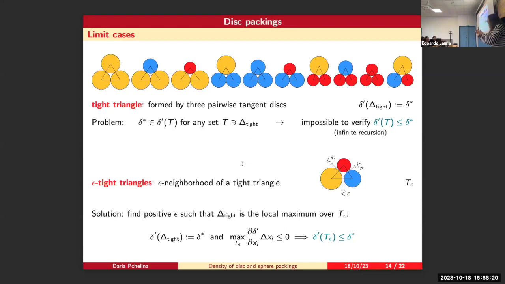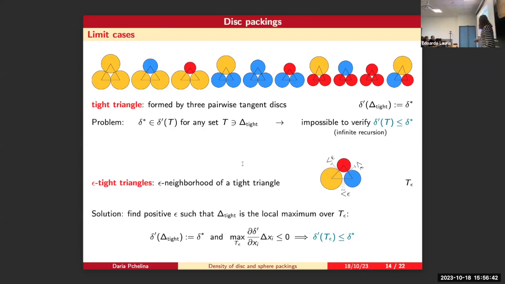We run the recursion on everything except this epsilon neighborhood. And in this epsilon neighborhood, we just prove that the tight triangle is a local optimum, by checking the partial derivatives around this tight triangle. And this we can do with interval arithmetic, and this works.